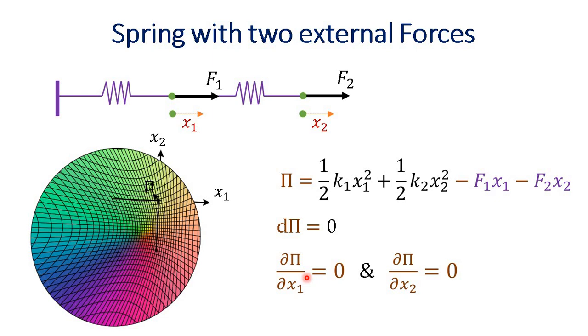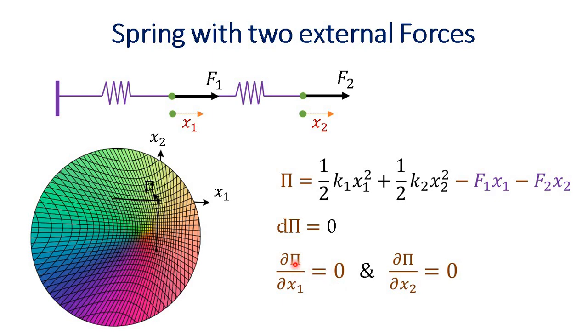This will give us a linear equation where x1 is minimum for given x2, and we do partial differentiation of pi with respect to x2. This will give us another linear equation where x2 is minimum for given x1. So when we simultaneously solve these two linear equations, we get that particular x1 x2 where the pi is minimum with respect to both x1 and x2.